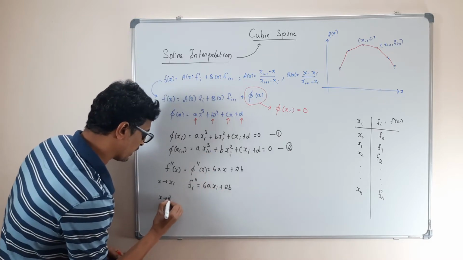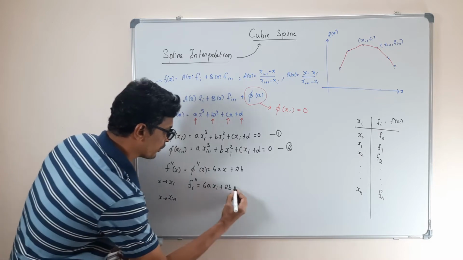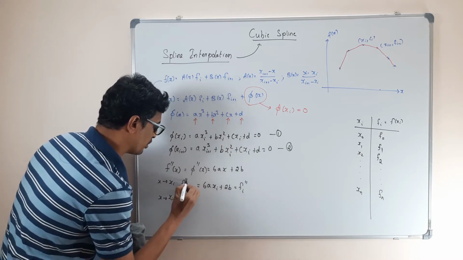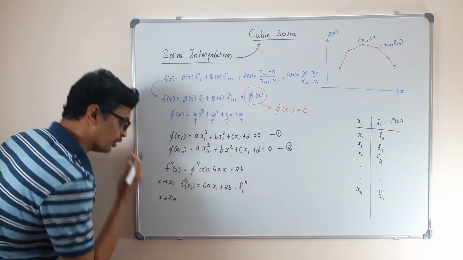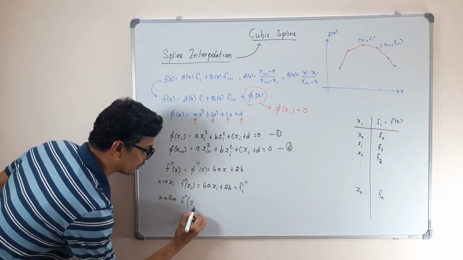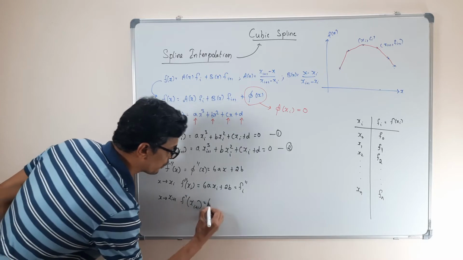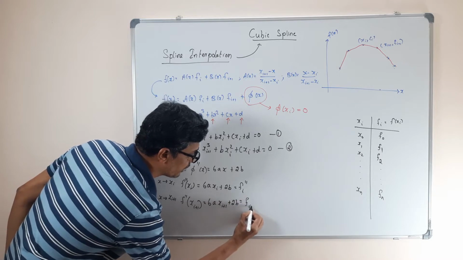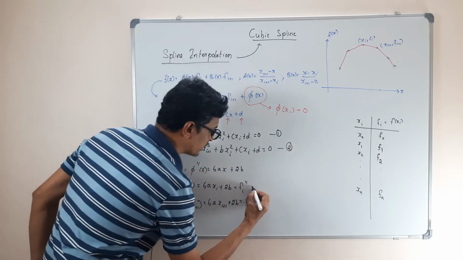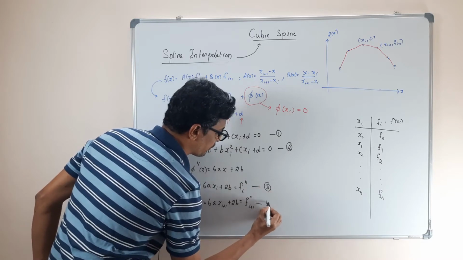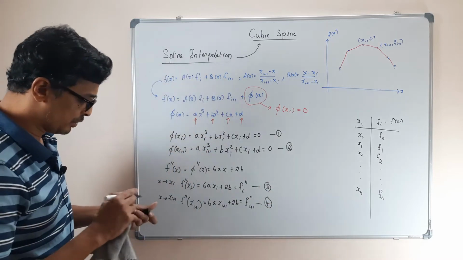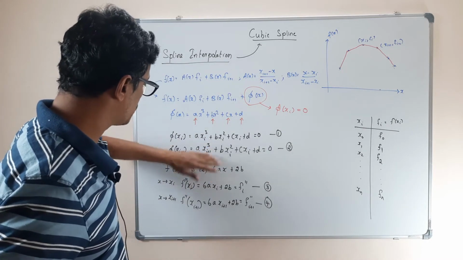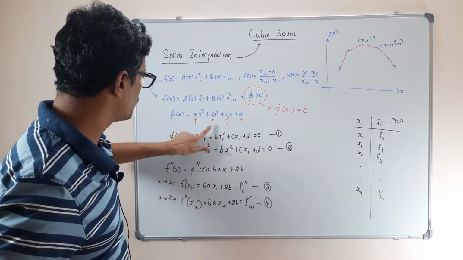And when x is equal to xi plus 1, f double prime of xi plus 1 will be equal to 6a xi plus 1 plus 2b, equal to f of i plus 1 double prime. Let me call this 3 and this 4. Now if you see, we basically have 4 equations, 1, 2, 3, 4, and we have 4 unknowns, 1, 2, 3, 4.